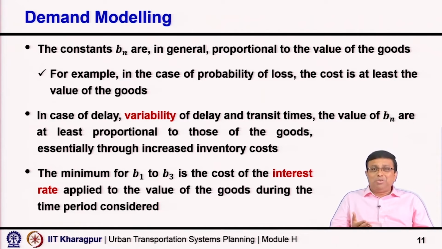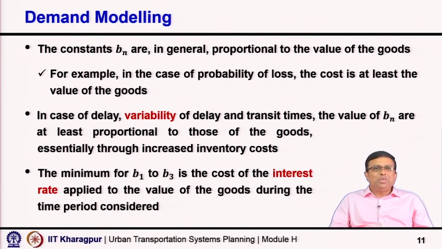Higher value means the cost will also be higher. So, for example, in case of probability of loss, the cost is at least the value of the goods, that would be the minimum, and in case of delay, variability of delay and transit times, the values of Bn are at least proportional to those of the goods, essentially through increased inventory cost.